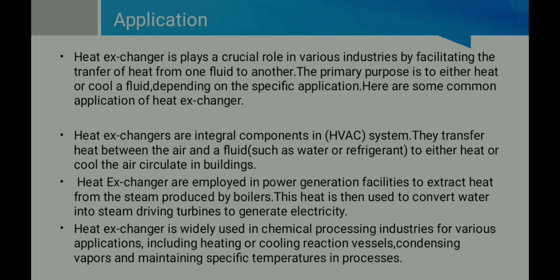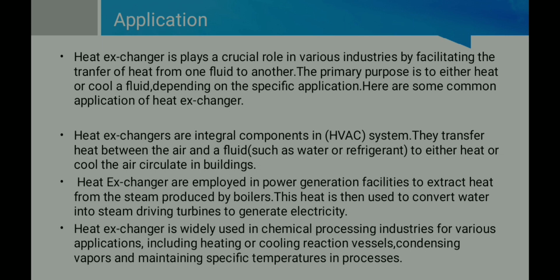So in power generation, they extract the heat from the steam produced by the boiler, and then this heat is used to convert water into steam, which helps drive a turbine to generate electricity as well.